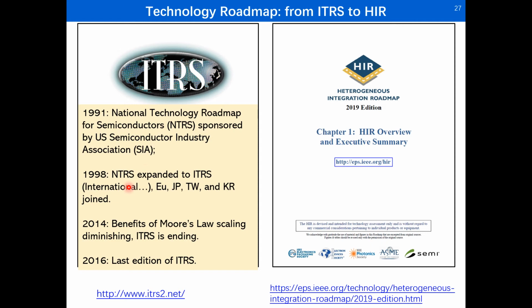Seven years later, in 1998, the NTRS expanded to ITRS, and Europe, Japan, Taiwan, and South Korea joined. About 16 years later, in 2014, the benefits of Moore's law scaling were diminishing, and ITRS was ending. In 2016, they issued the last edition of ITRS.